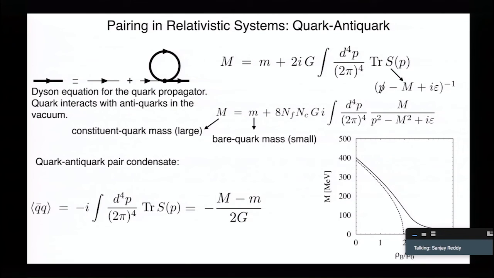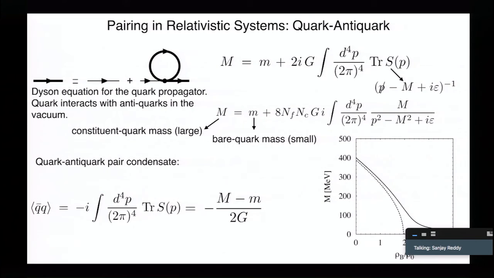Now, the consequence of this sort of interaction is that it provides a finite expectation value for the operator Q bar Q. Just like the superconductivity provided a finite expectation value for A dagger in the non-relativistic Fermi system, in the relativistic Fermi system, this quark-antiquark interaction produces a finite value for this. And the finite value is related to the difference between the constituent quark mass and the bare quark mass.